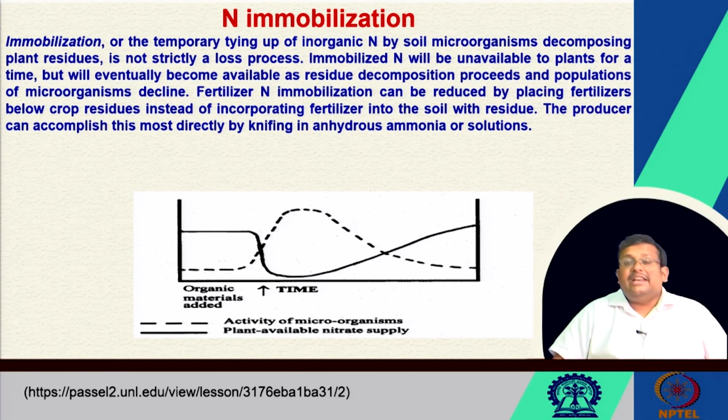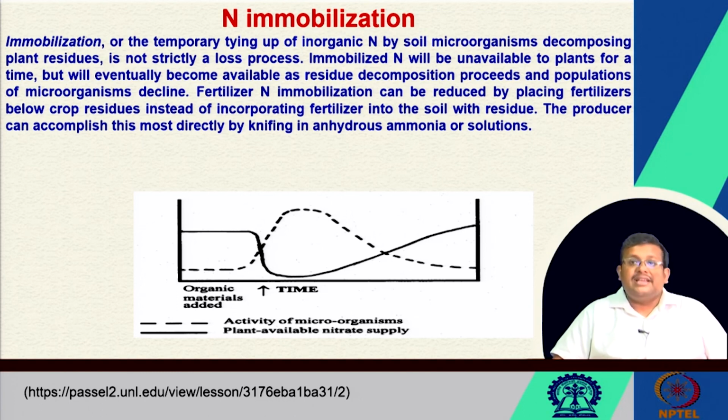So, it is not a strictly loss process. We cannot say that immobilization is a strict loss of nitrogen, as we can say in case of leaching. Why? Immobilized nitrogen will be unavailable to the plants for a time, but will eventually become available as residue decomposition proceeds and the population of microorganisms declines.